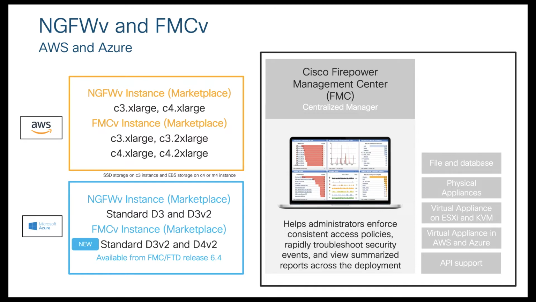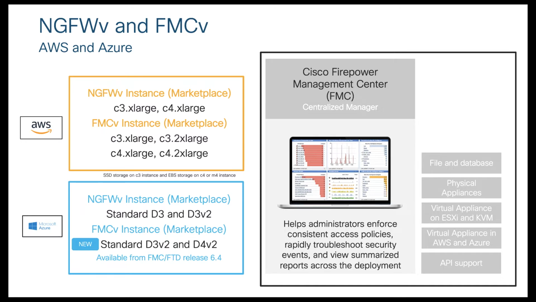When I talk about size of instances for Firepower Management Center, we support standard D3 V2 and D4 V2. Firepower Management Center is a management platform for managing multiple firewalls. You can use FMC if you already have a connection going back to your data center.